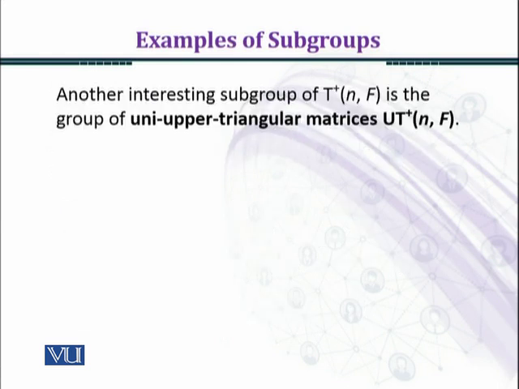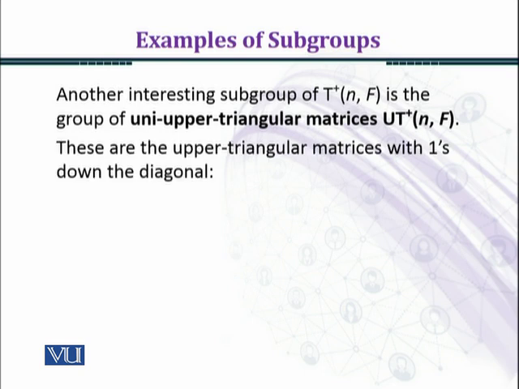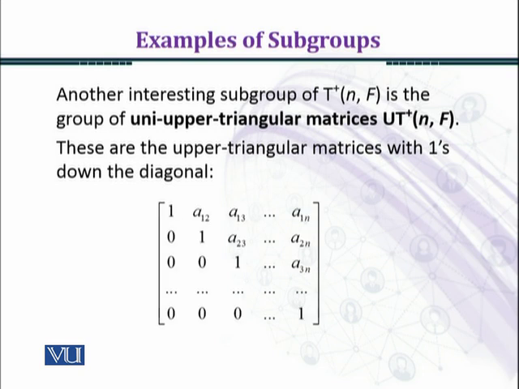Now we consider some more subgroups of GL_n(F). Uni upper triangular matrices are the upper triangular matrices with ones down the diagonal, and the representation is in this form. On the main diagonal ones are appearing, and above the diagonal you have arbitrary numbers from the field F: a12, a13, up to a1n, a23, up to a2n, and so on.